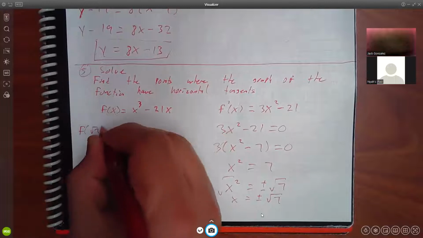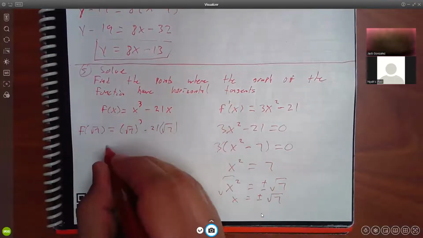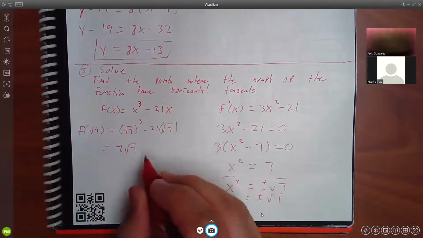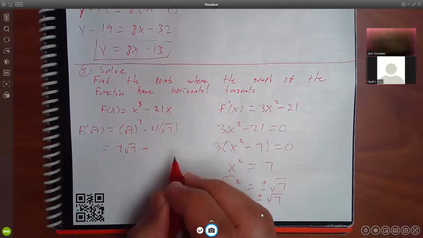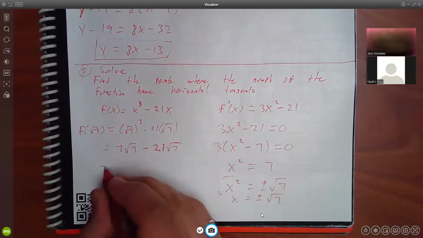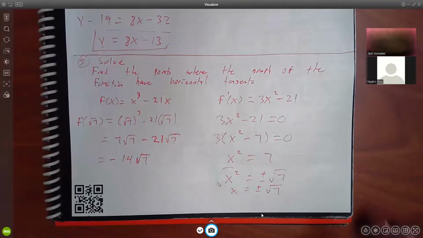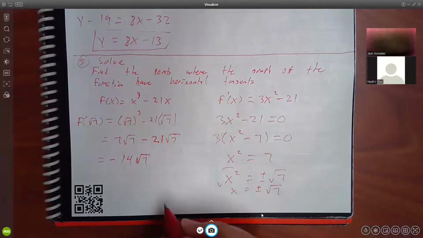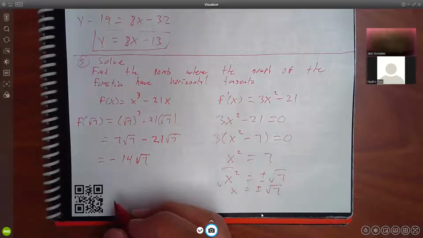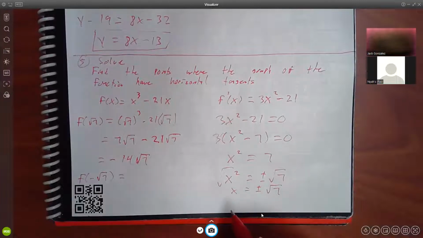So f of square root 7 is square root 7 cubed minus 21 square root 7, which is negative 14 square root 7. f of negative square root 7 would give us positive 14 square root 7.